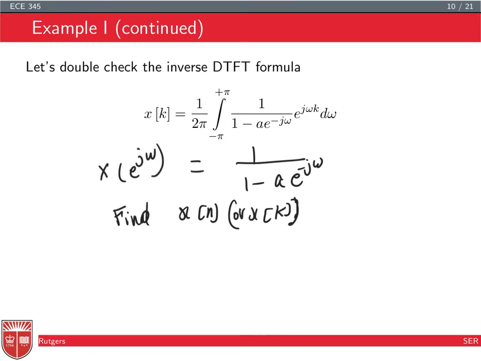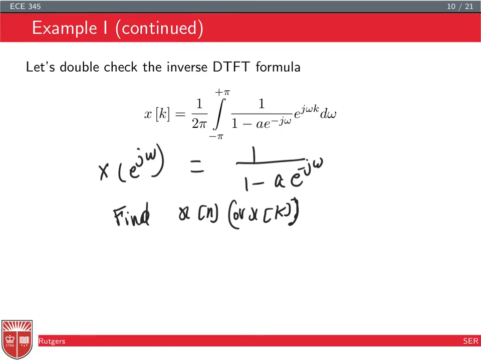So we're doing the inverse problem: we're given the DTFT and we want to find the signal. To find the signal from its DTFT, we have to use the formula of the inverse DTFT. So the value of x at k is 1 over 2π, the integral between minus π and plus π of 1 over 1 minus a e^{-jω}, which is the DTFT, times e^{jωk}.